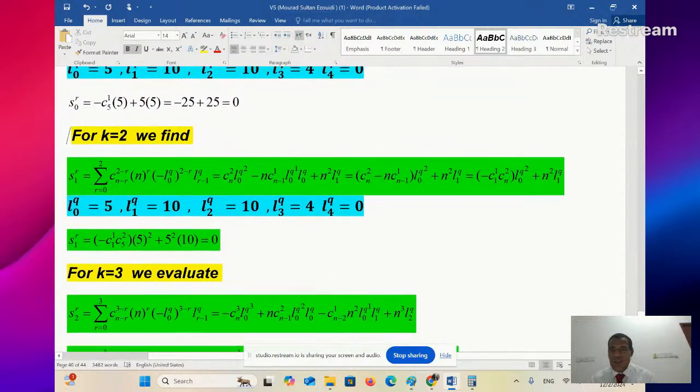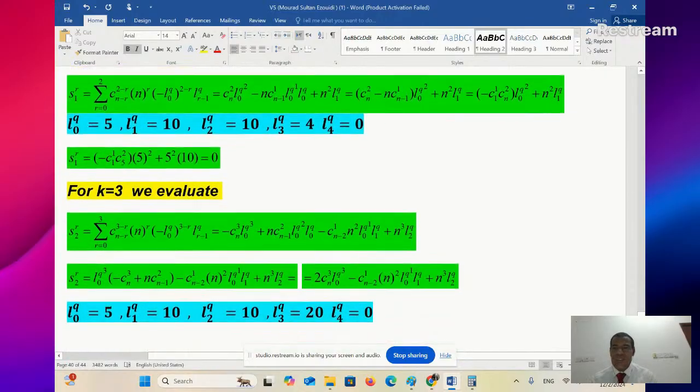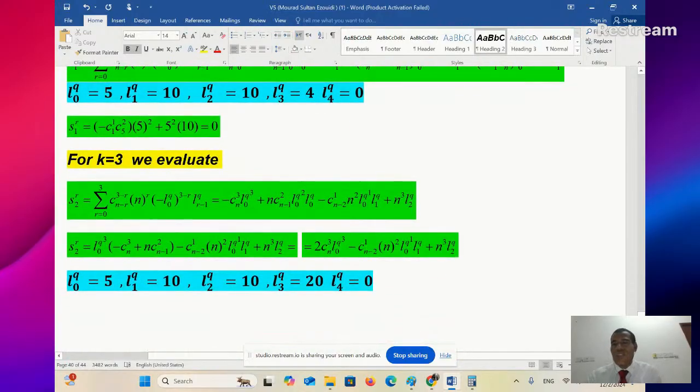I should find now S2. To find S2, you just put k equal 3 in this formula. So S2 equals exactly 2 times combination n to 3, where n denotes the highest power of my fifth degree equation, times L0 over 2 raised to the power 3, minus combination n minus 2 choose 1 times n squared times L0 over 2 times L1 plus n cubed times L2 over 2.